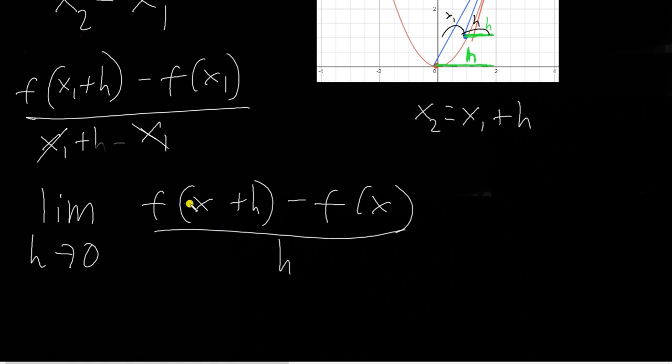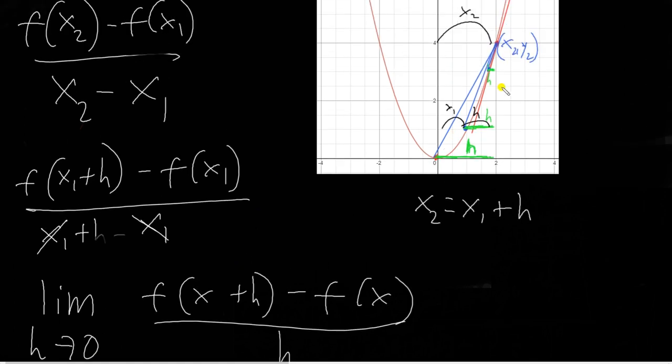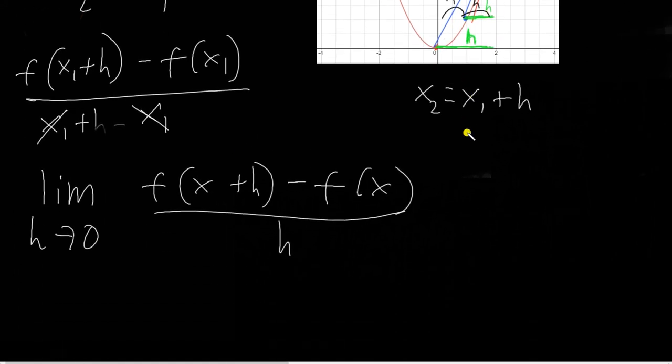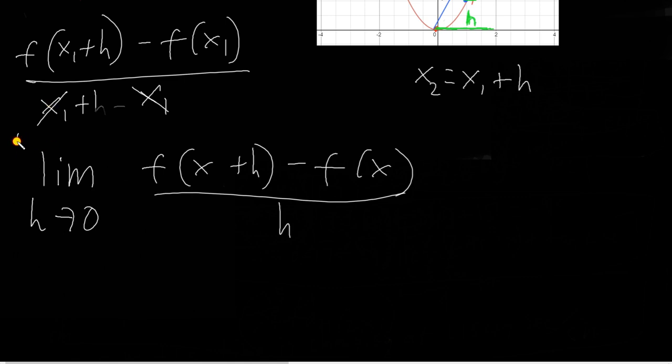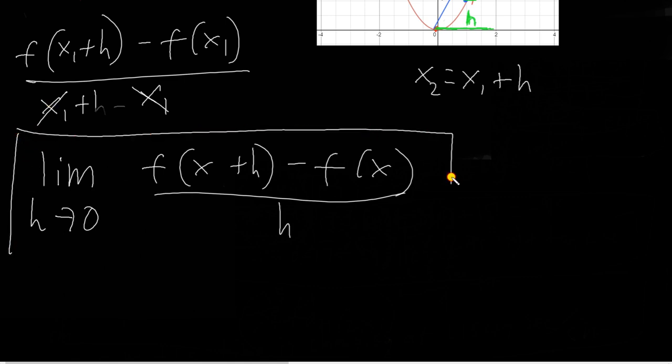So now we have f of x plus h minus f of x over h, the limit as h approaches 0, and this limit here is basically the form for the slope of the tangent line. I'm just gonna box that in.